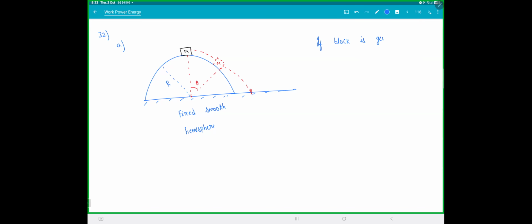A block is gently displaced or gently disturbed. Find the angle when it loses contact with the hemisphere and the position where it lands on the ground. The first one is a standard question. Find theta when it loses contact. Others, keep your cams on and find the position where it lands on the ground.